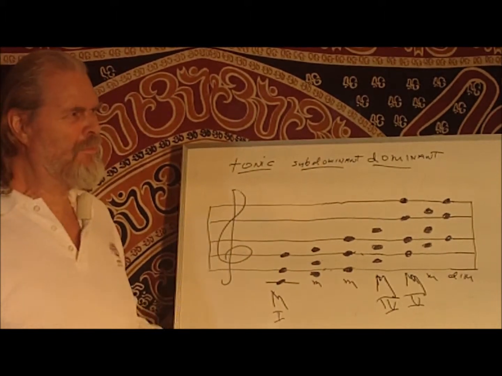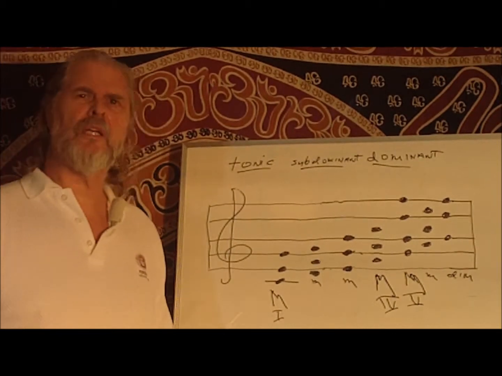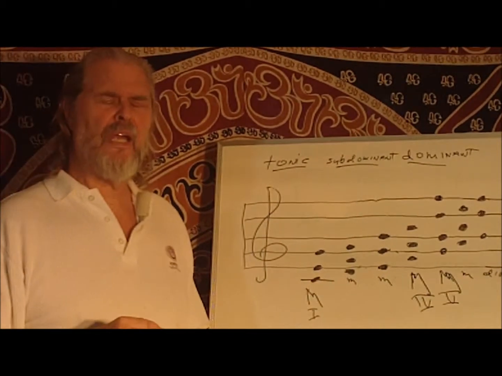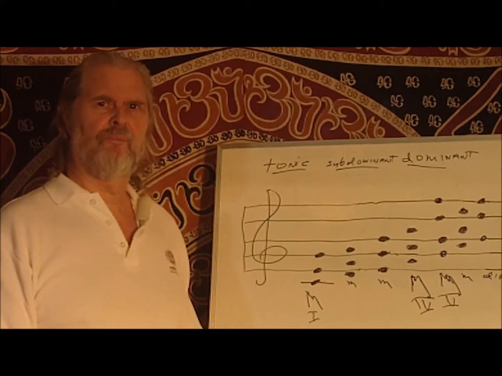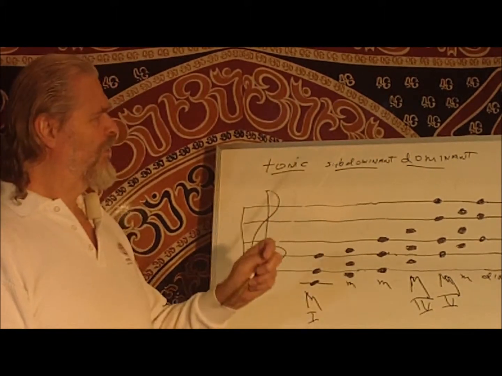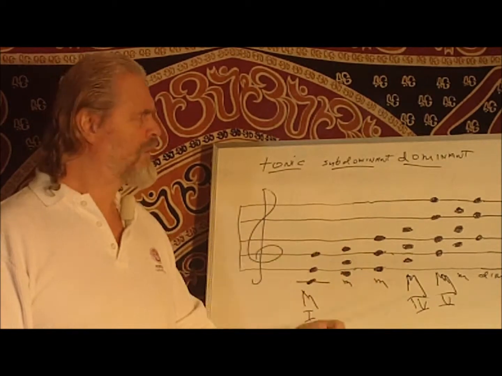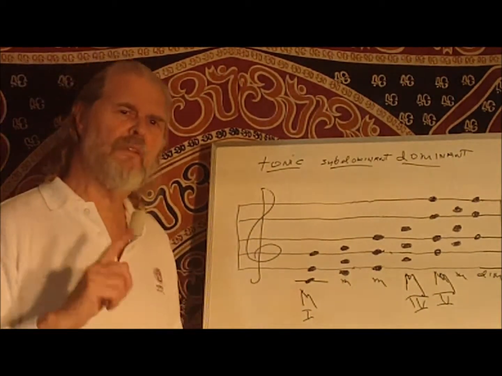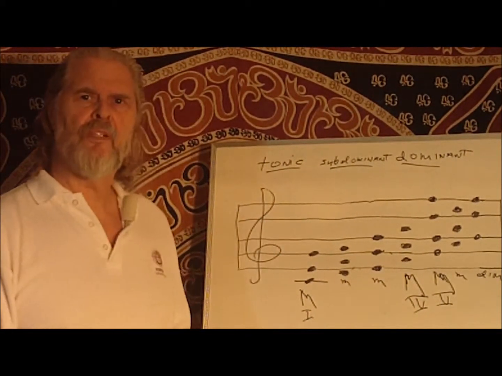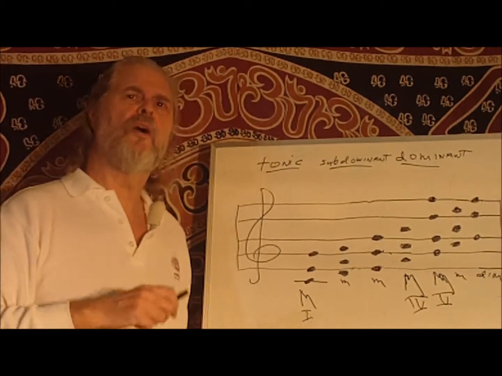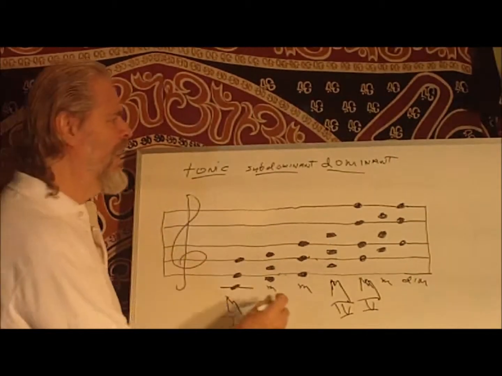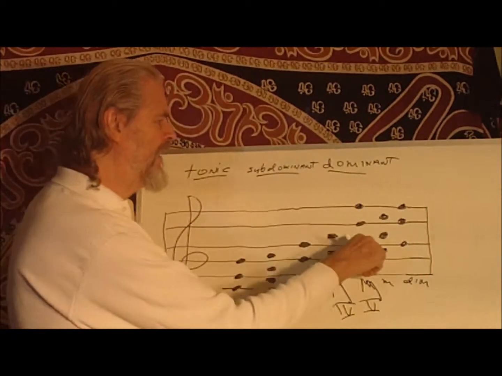Now you're going to say, how about minor? Minor is the same way. Only in minor, you have to say it's minor. And tonic, subdominant, and dominant works the same way in minor, except we have to start in a different place. It's what we call the relative minor. Relative to the key of C is A minor.